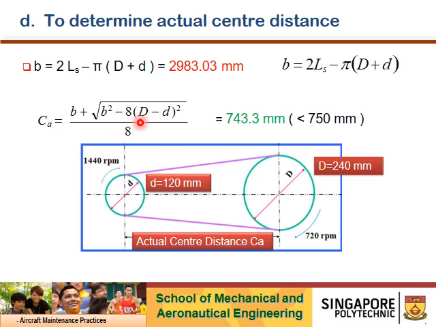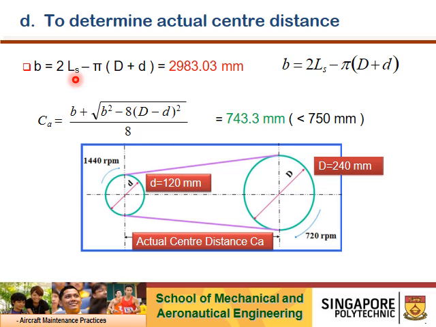The big D and small d refer to the pitch circle diameters of the pulleys, 240 and 120 respectively. So what is B? B is equal to 2Ls minus pi times (big D plus small d) over 2, and your Ls is your selected belt length. So your selected belt length is 2057.